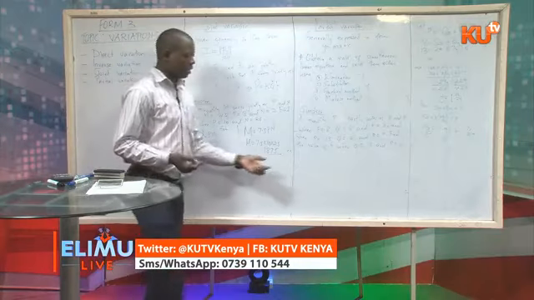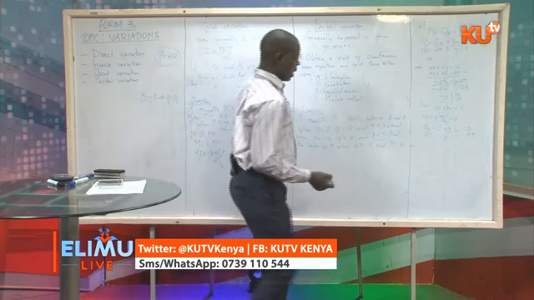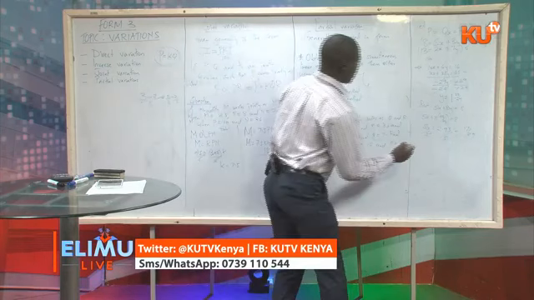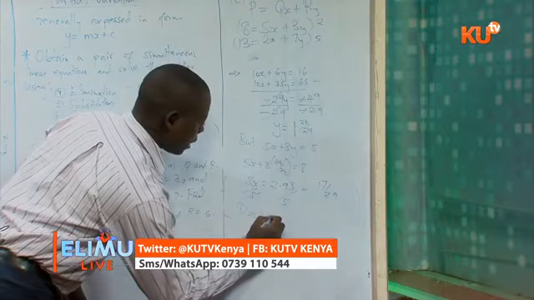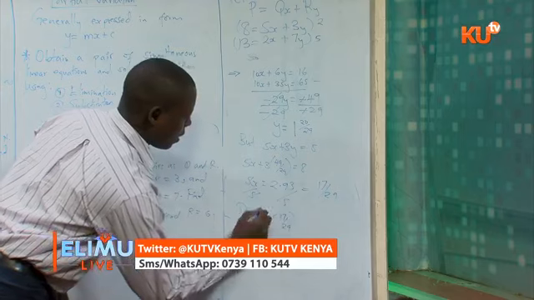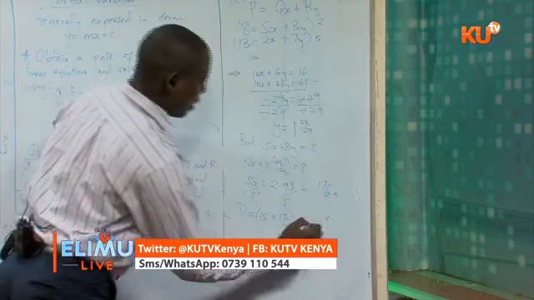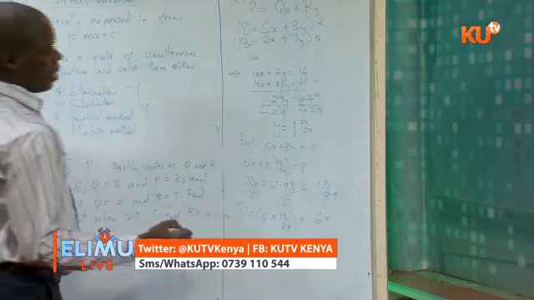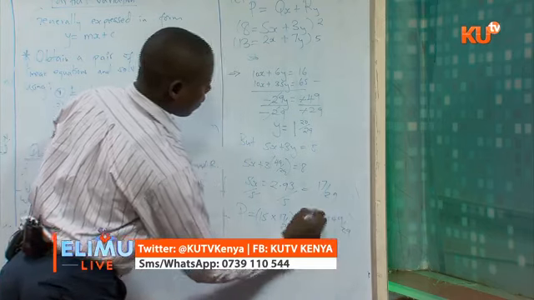Finally, we are told to find the value of P when Q is 15 and R is 6. So P equals Q, which is 15, times X, which is 17 over 29, then we add R, which is 6, times Y, which is 49 over 29.